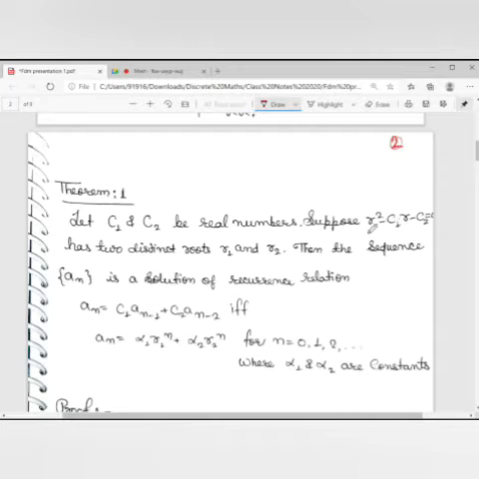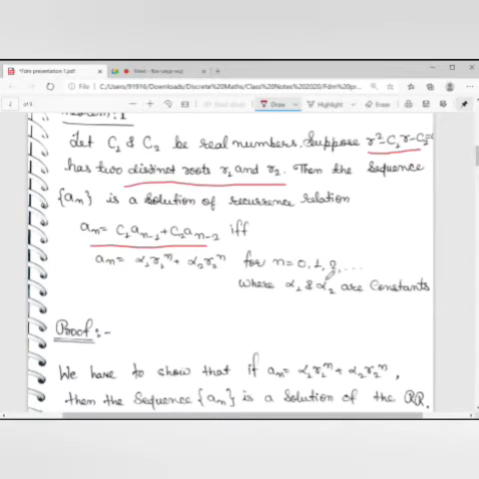Suppose r^2 - c1 r - c2 = 0 has two distinct roots r1 and r2. Then the sequence a_n is a solution of the recurrence relation a_n = c1 a_(n-1) + c2 a_(n-2) if and only if a_n = alpha1 r1^n + alpha2 r2^n for n = 0, 1, 2, ..., where alpha1 and alpha2 are constants.